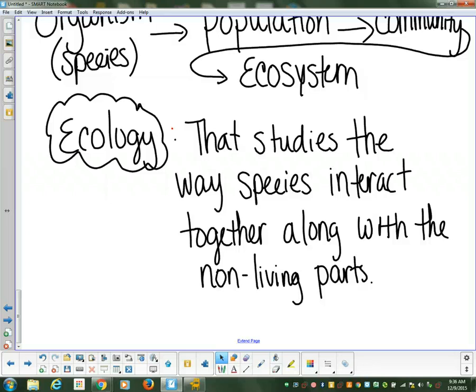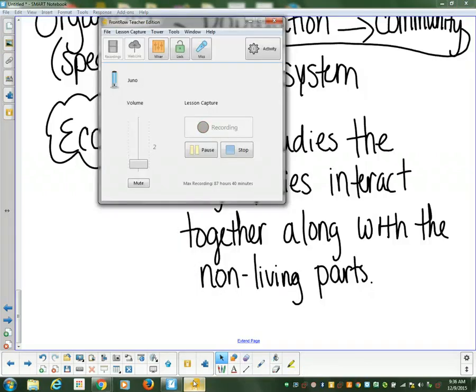And there's a whole branch of science that is devoted to this. So if you like working with things that are living and you enjoy looking to see how they interact with one another, there is a branch of science that is there for you. And that is the end of notes.